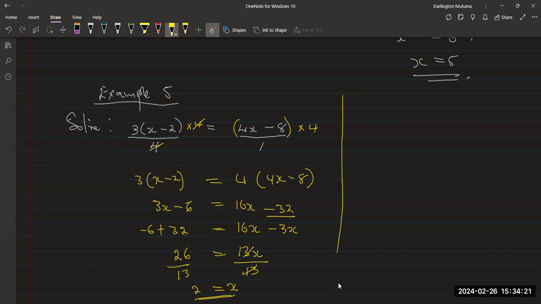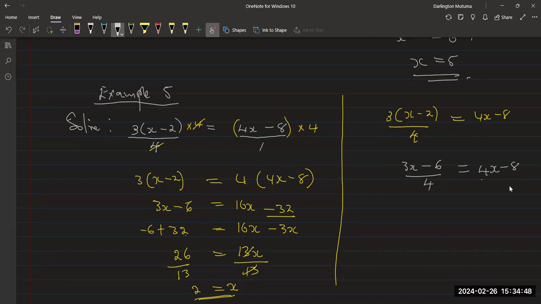Or you were just supposed to say 3 times x minus 2 all over 4 is equal to 4x minus 8. So before you do anything, you would say 3 times x. You get 3x minus 6 over 4 is equal to 4x minus 8 all over 1. Then you do cross multiplication.